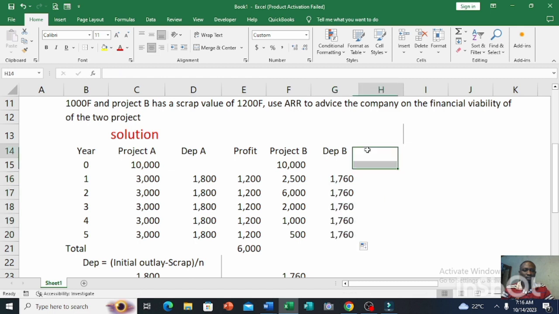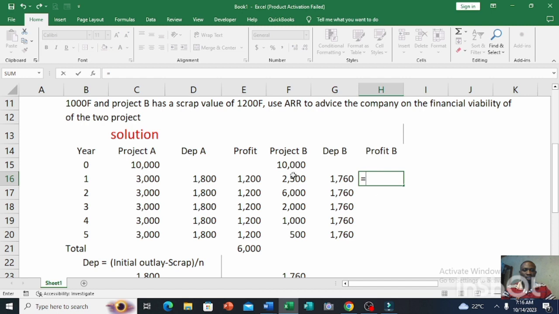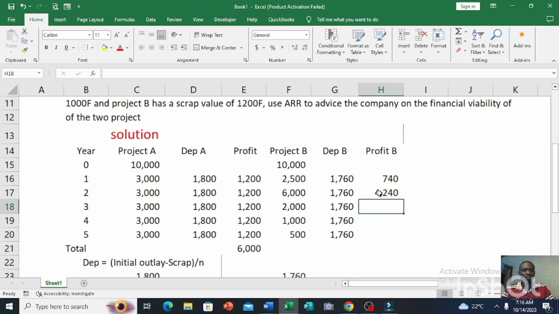Then the profit of B, we repeat the same formula, equal to, you take your cash flow, you less the depreciation amount, what is remaining now is your profit. So the same, equal to cash flow minus depreciation. So we can autofill for the others.